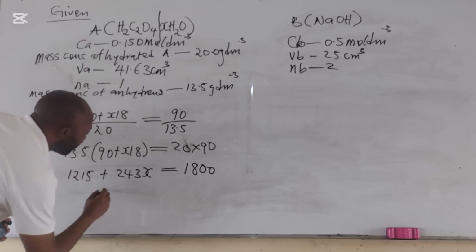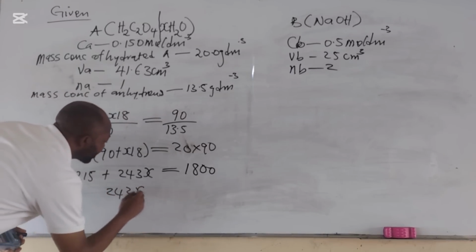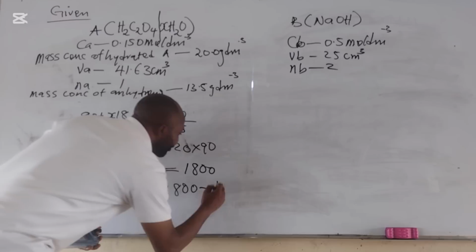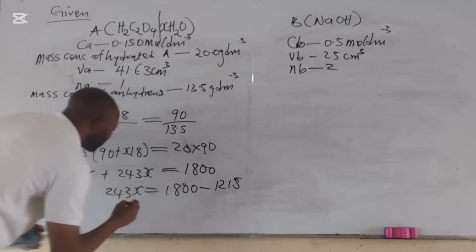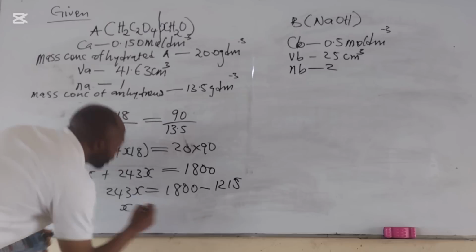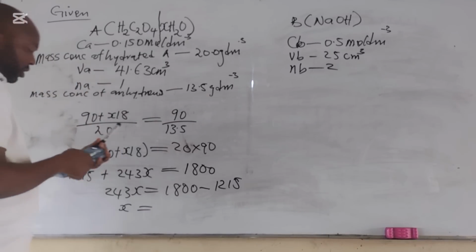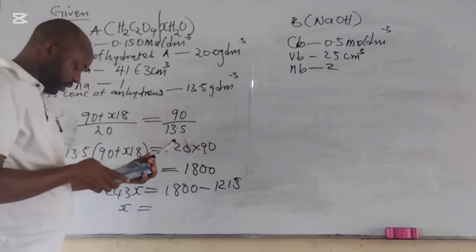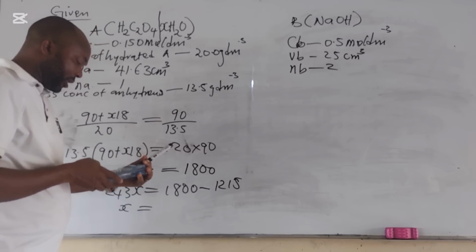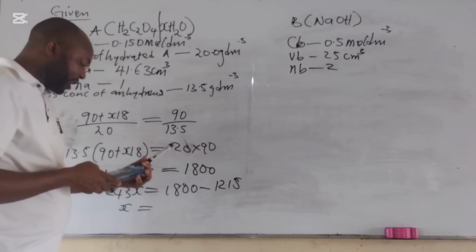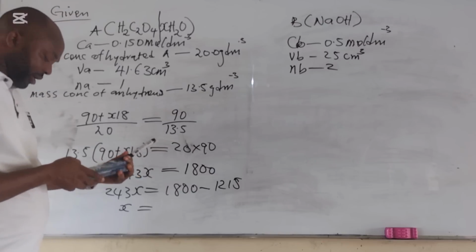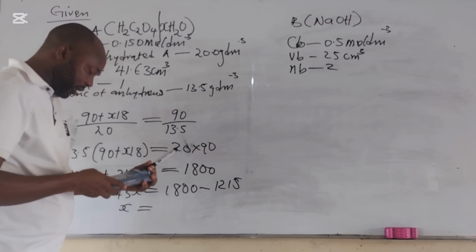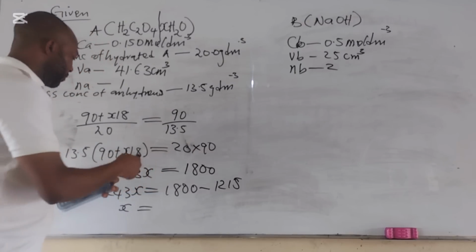So I have 243X equals 1800 minus 1215. My X is equal to 1800 minus 1215, which is 585, divided by 243. 585 divided by 243 is 2.4.